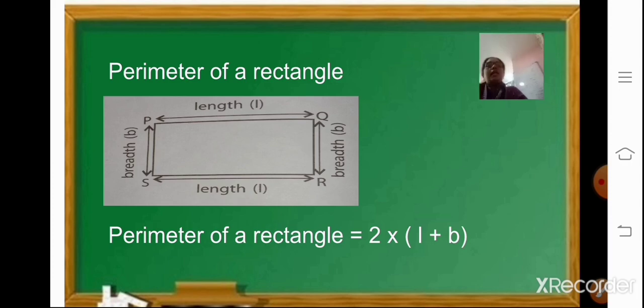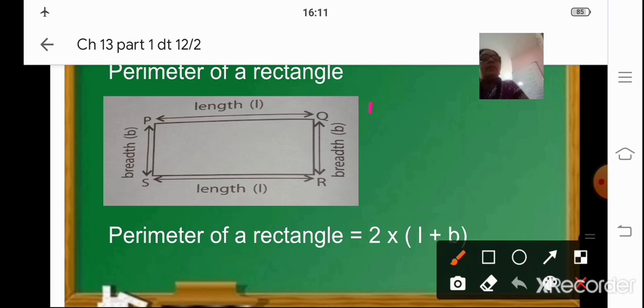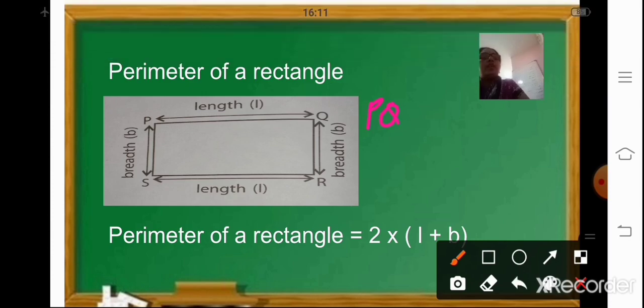Let us take this figure P, Q, R and S. If we have to find the perimeter of this figure, we will add PQ plus QR plus RS and plus PS or SP.